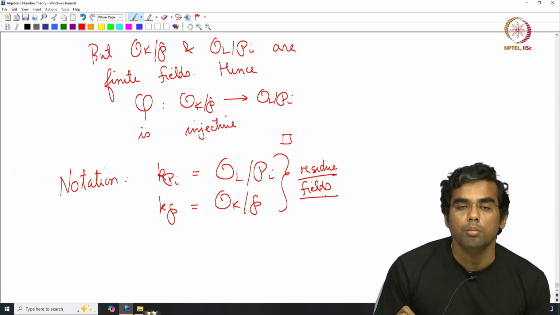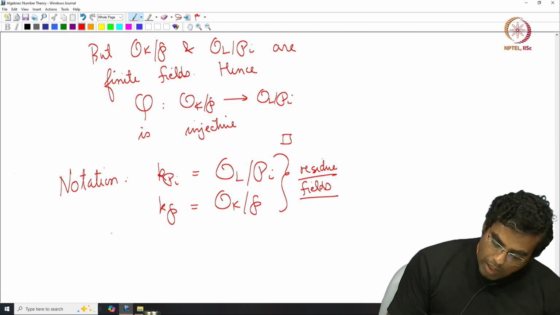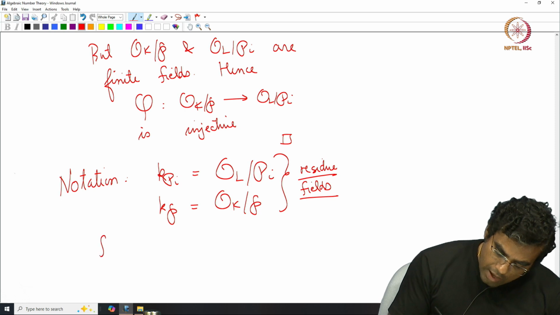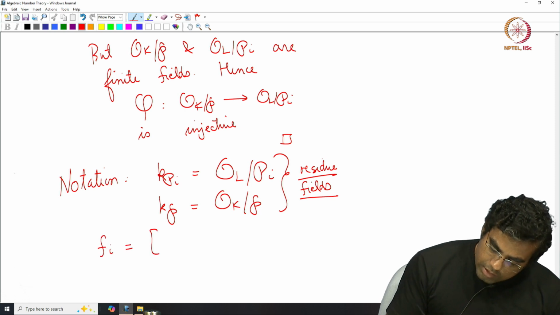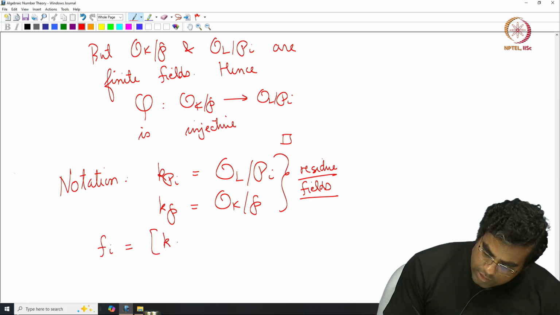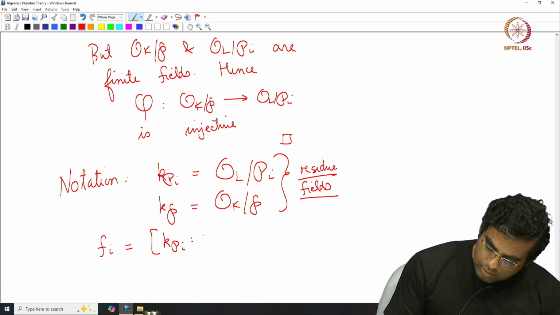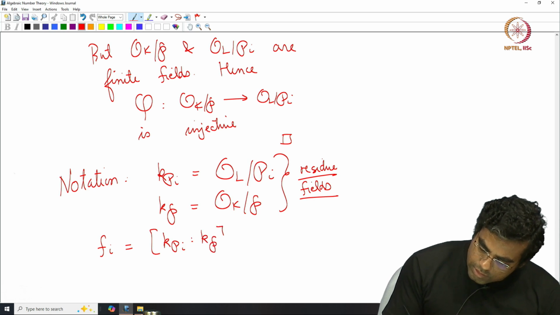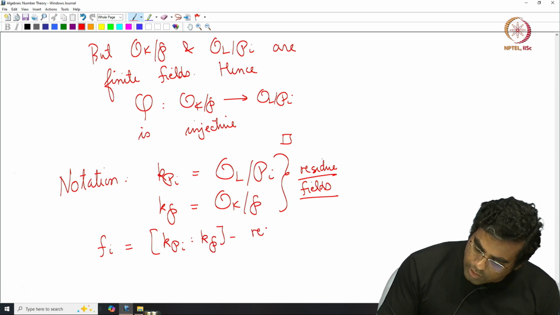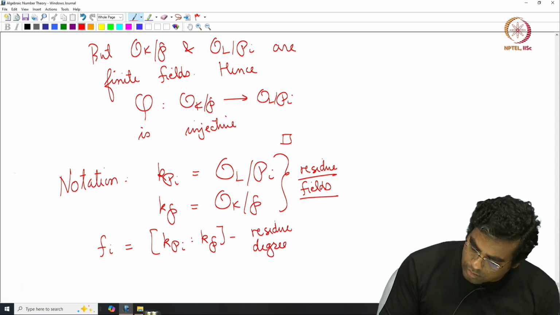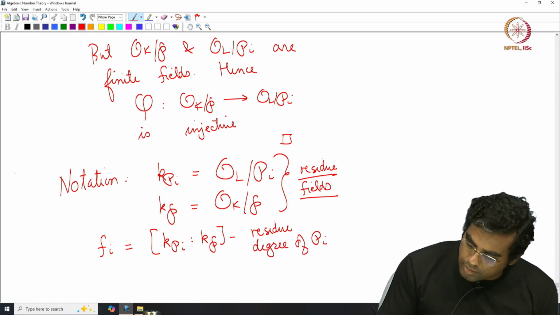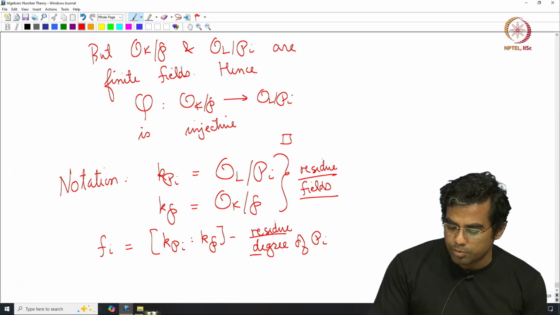So, that is the name, and then f_i is the degree of this field extension, and this is called the residue degree of P_i. So, again an important invariant.